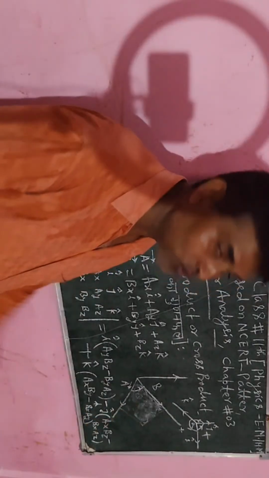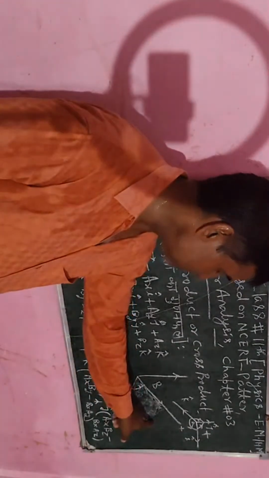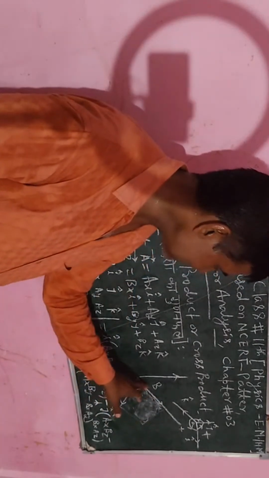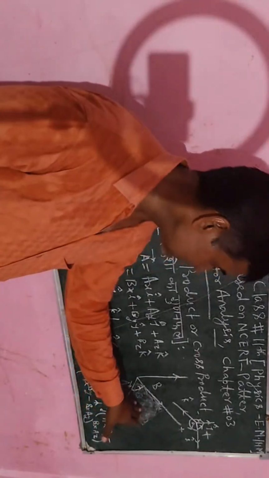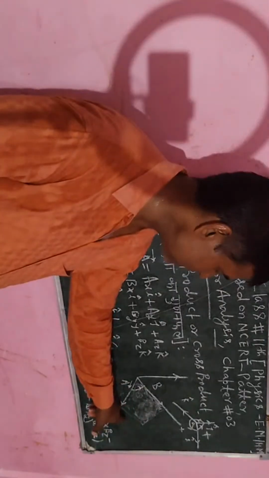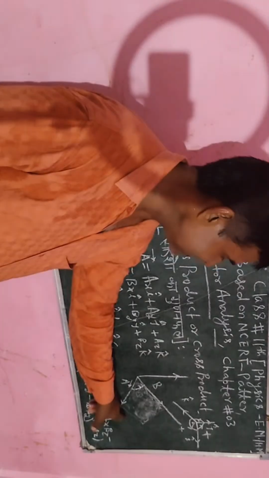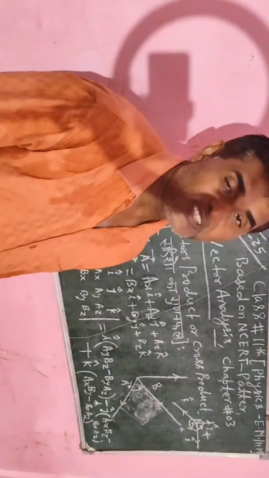A parallelogram has four sides. So this side and this side are parallel to each other, and their length will be the same. Similarly, this side and this side will be parallel to each other, and their length will be the same.